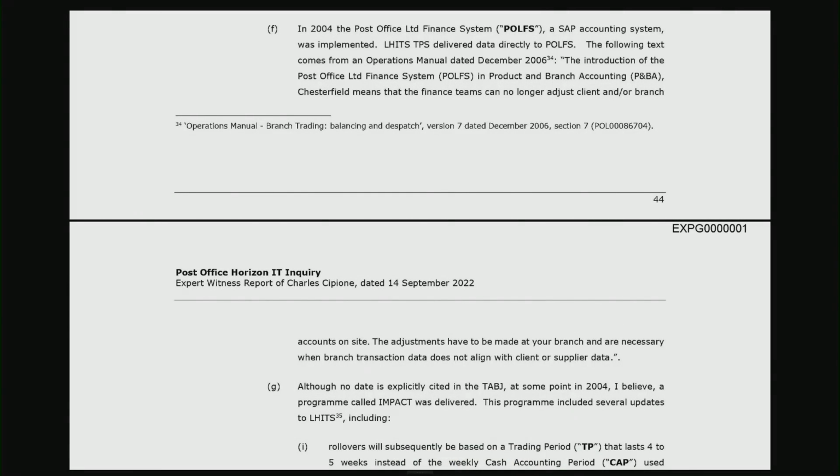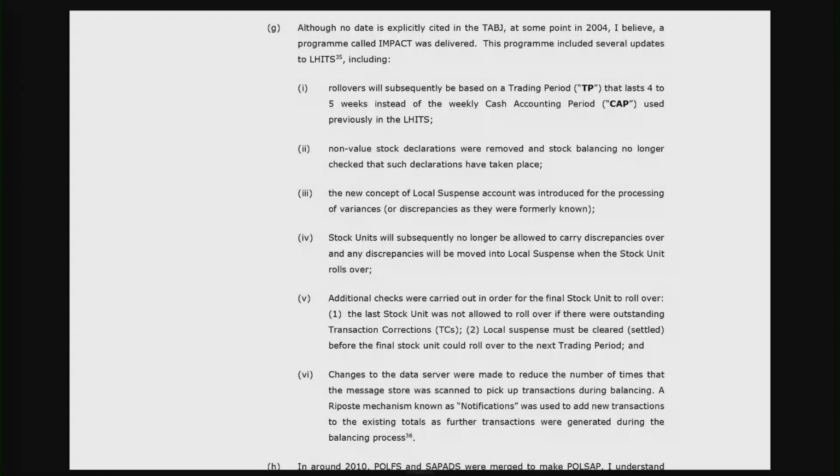Thank you very much. You say in paragraph G over the page that at some point in 2004 a program called Impact was delivered, and this included a series of updates. I think there are 6 of them that you mentioned. Can you just talk us through those, please? A few of them were changing the processes at the branch.